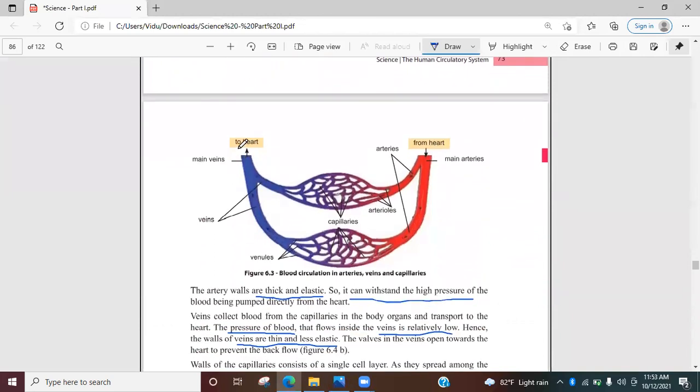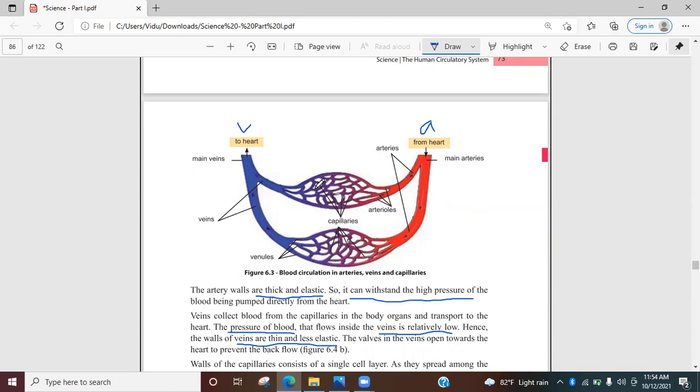Veins carry blood to the heart, and arteries carry blood away from the heart. Now here, main veins divide and form veins. Then veins divide and form venules.